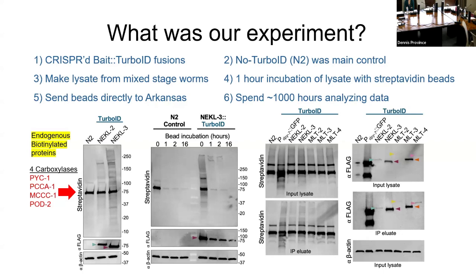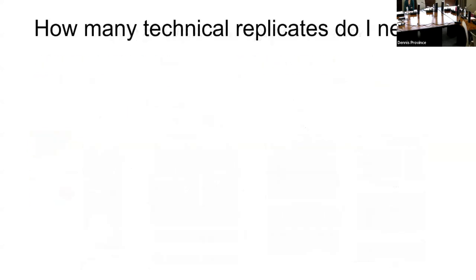The answer is, it doesn't cost that much, and you literally can't tell from the gel unless your gel looked like you really screwed up and you don't have anything there. What do you have to lose? And as I said, we had great stuff from this, and that's just sort of more stuff. You can see these are pretty low abundance proteins, sometimes very hard to see even.